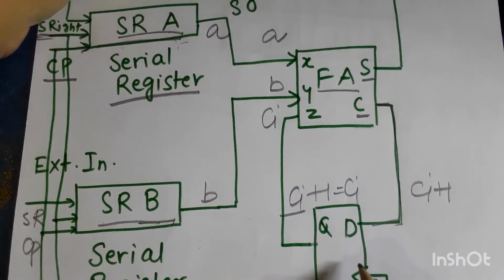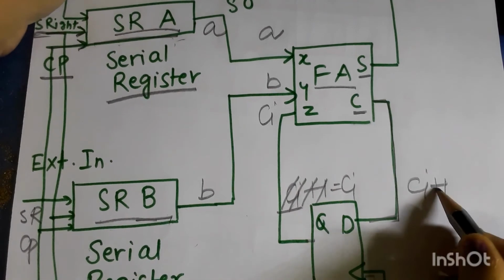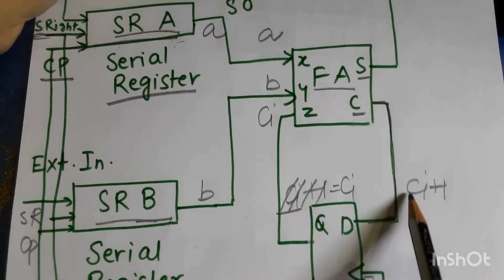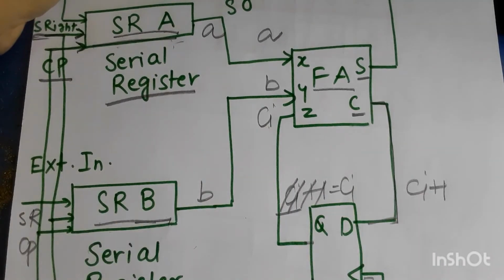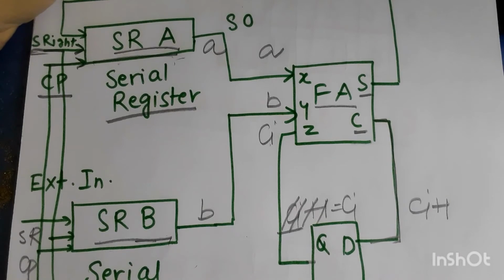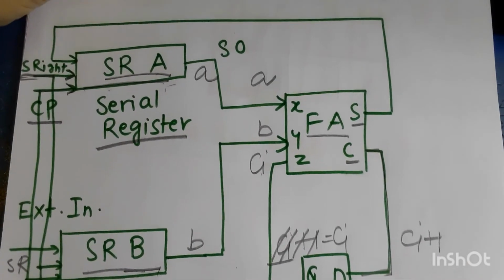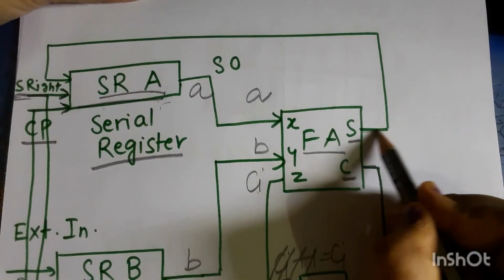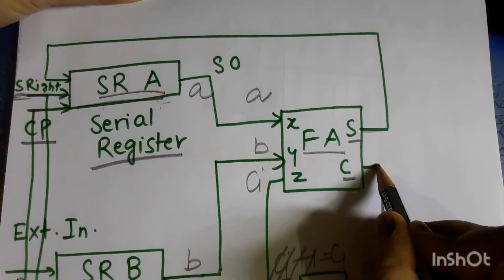Ci plus 1 becomes the Ci for the next clock pulse when the addition happens in the full adder circuit. Here is the sum and here is the carry.